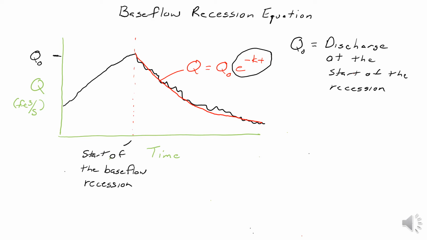And we talked last week that whenever you see this sort of thing, e to the KT or e to the negative KT, that's either a growth function, or in this case, because it's got a negative K, this is a decay function. So it's a mathematical expression that's going to express an exponential decay. In this case, it's an exponential decay in the amount of stream flow that you have in your river at these particular times.